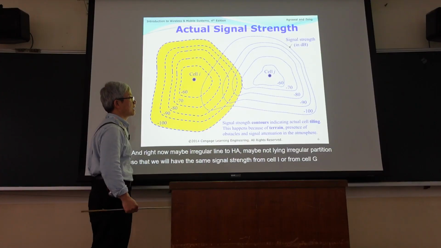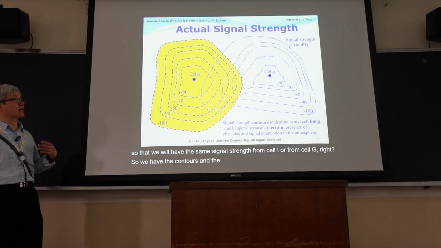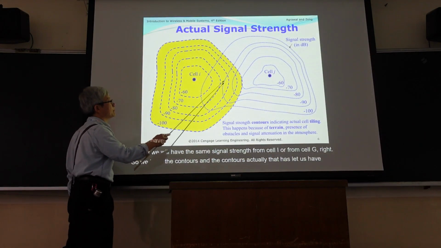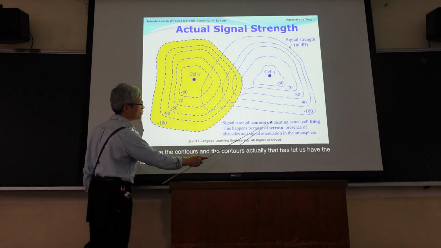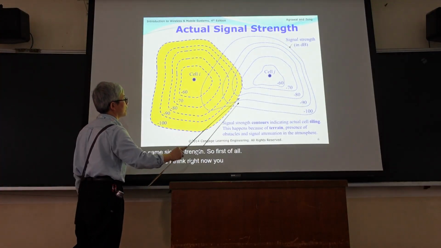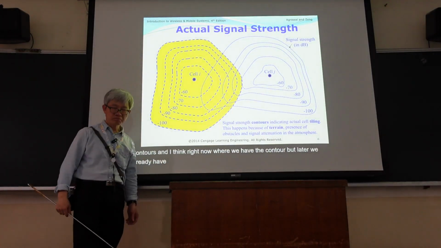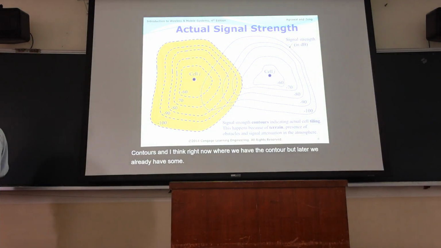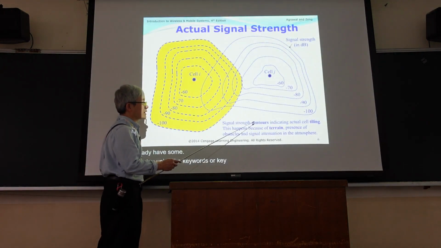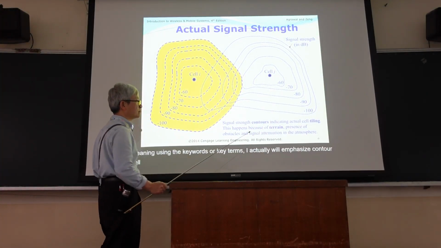So we have the contours, and the contours let us have the same signal strength. So first of all, contours, and I think right now you know where we have the contour, but later we will definitely have some meaning using the keywords or key terms. Actually, we will emphasize contour and cell type.